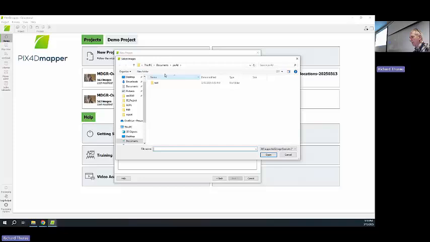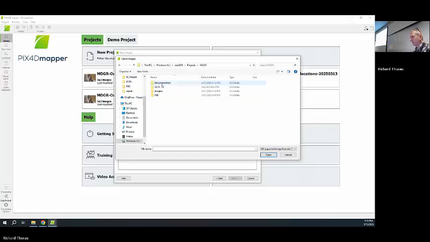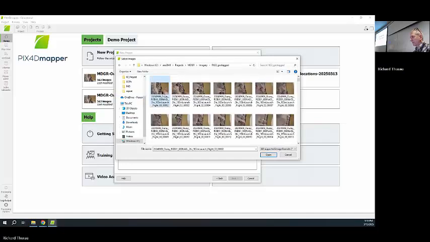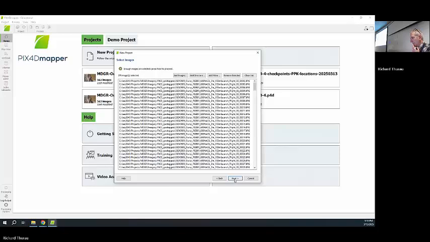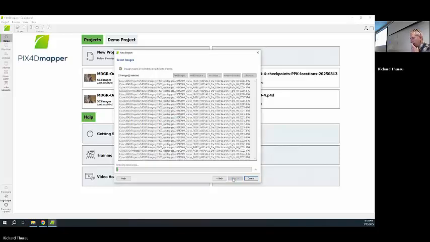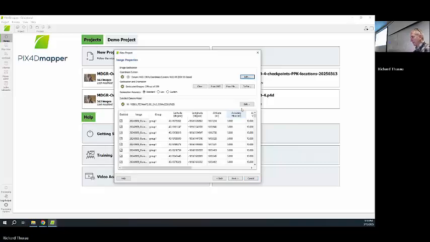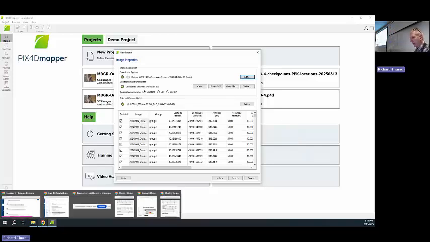So when I add images, right? It asks me, what is your horizontal accuracy? 5. So that's where the relative accuracy comes from.